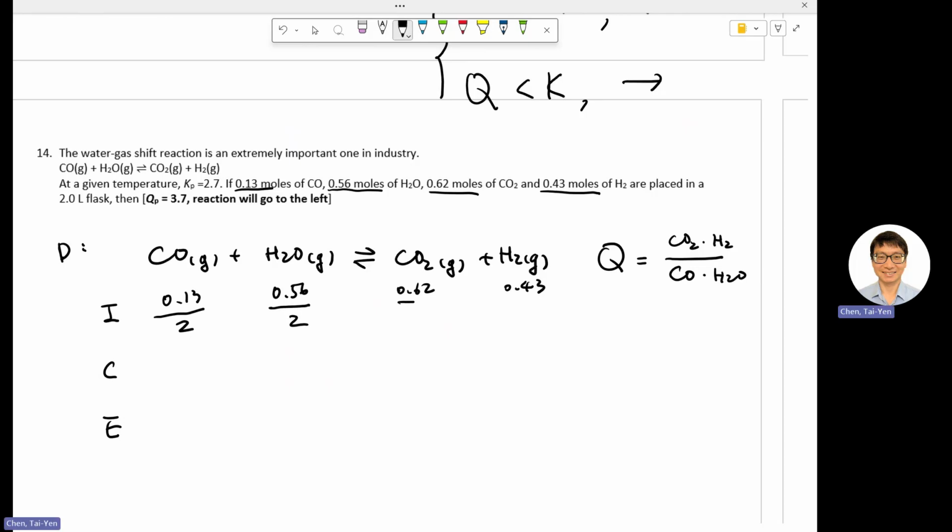Why should you divide by 2? Do you see that? That's the volume of your container, and all we have is gas molecules. Therefore, the concentration is moles over volume. That's why you need to divide it by 2.